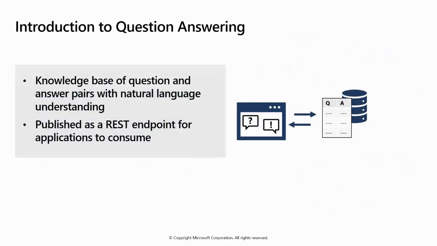The language services has a question answering feature that lets you create a knowledge base of questions and answers that can be queried using natural language input. The knowledge base can be published to a REST endpoint, which client applications, usually bots, use.